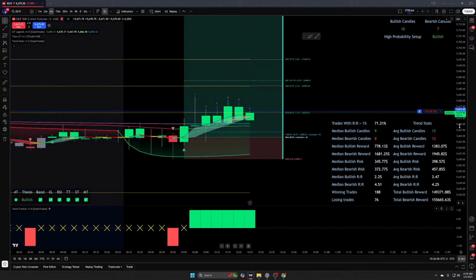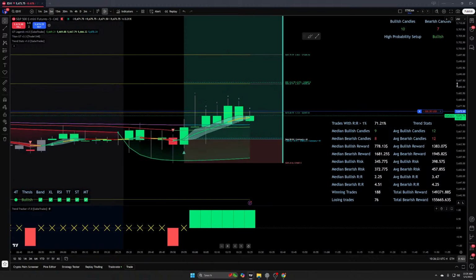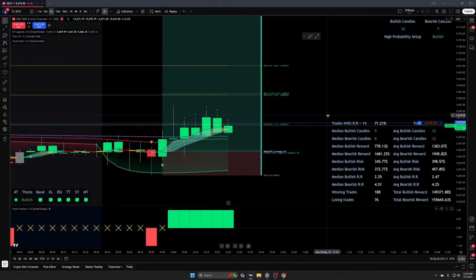Okay. Now, what we said was we will wait for candle close, and we got the yellow here on this band. We didn't get the candle close yellow here on trend tracker, guys. By the way, this has been updated, so it's far more reliable. I really do trust it. And of course, we have the rule about the 200.